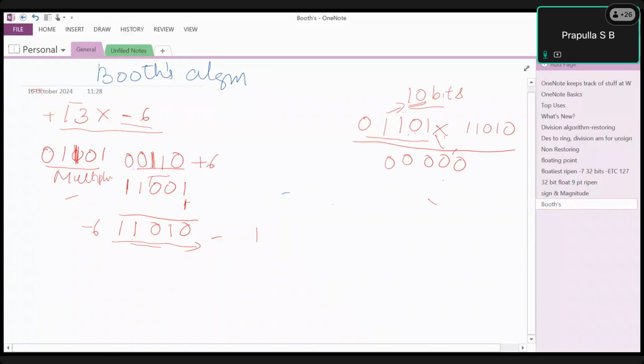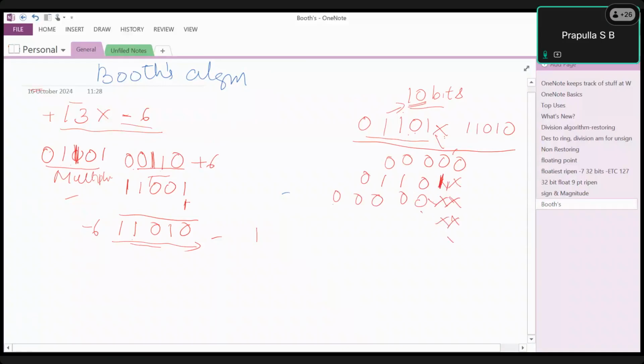So now again I have to multiply with 1. So 1 means 1 0 1 1 and a 0 here. Next I have to shift by 2 bits. When I shift, again I have 0, so this will be 5 zeros, correct? Then I have to shift by 3 bits.